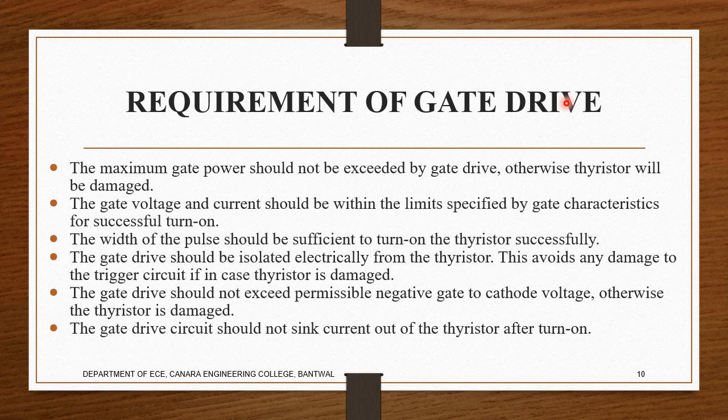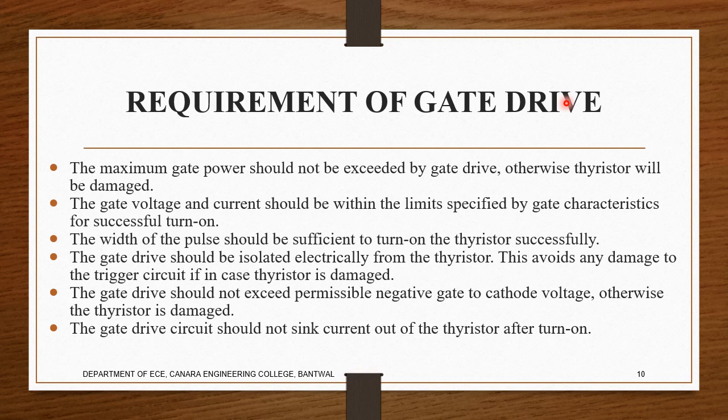The width of the pulse should be sufficient to turn on the thyristor successfully. This is the main point, because if the pulse does not reach the latching current, the minimum value of 10 to 15 milliamps, the thyristor will not turn on. So that has to be considered very carefully.